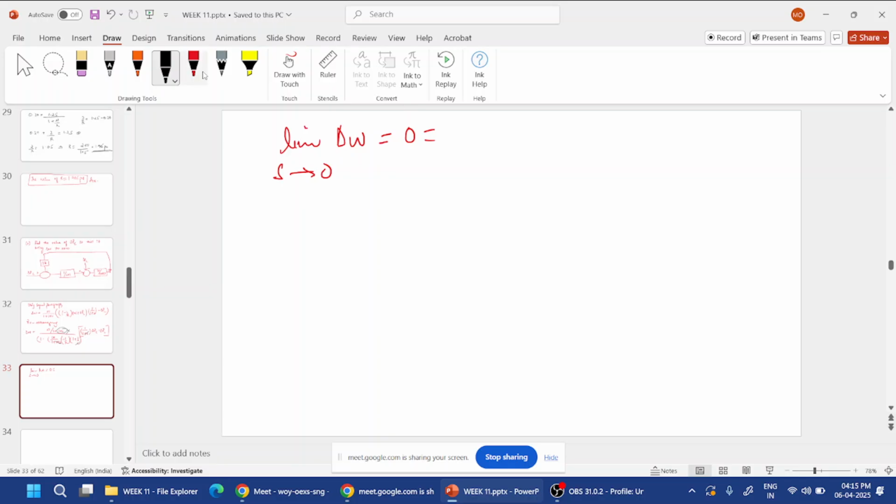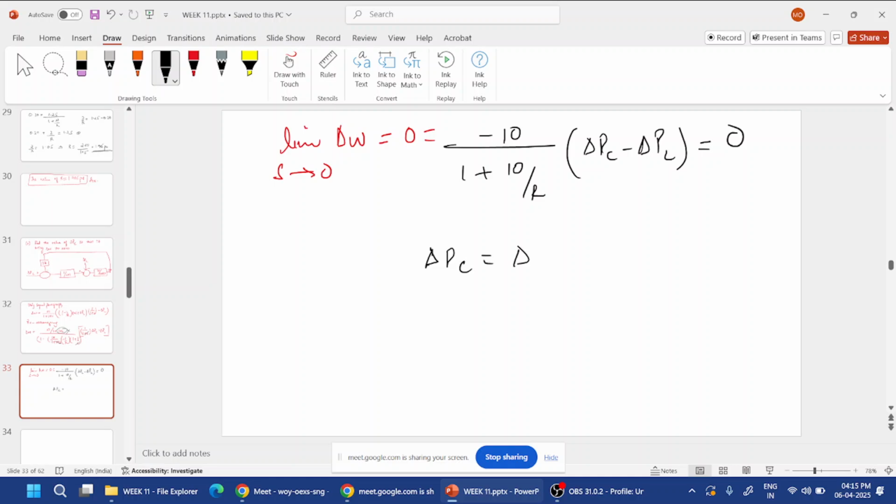So remaining is minus 10 divided by 1 plus 10 by R times (del PC minus del PL), and its value is 0. So del PC is equal to del PL, which comes out to be minus 0.125 per unit.